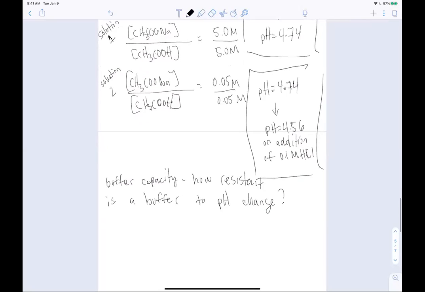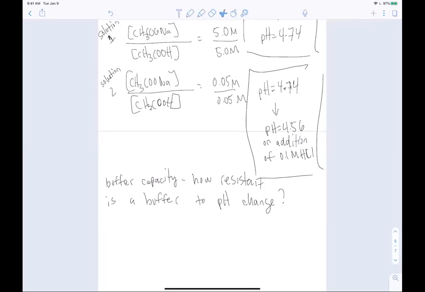And it changes for different, what am I trying to say here? It's situational as far as exactly how you calculate the buffer capacity, because it depends on what kind of pH change you need to resist.